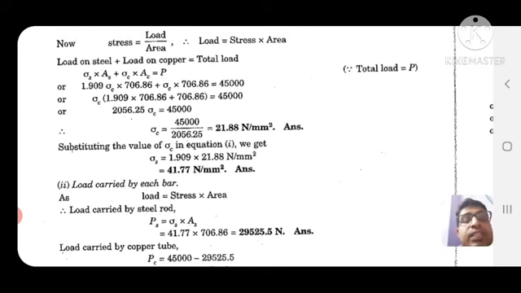So 1.909 sigma C into 706.86 plus sigma C into 706.86, that is equal to 45000.